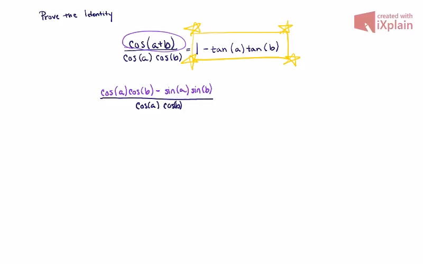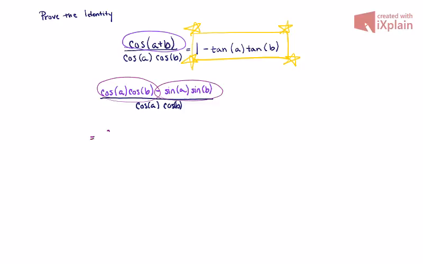I'm going to try to get a little bit more creative here, and I'm going to say, well, this is kind of in a shorthand. It looks like this term on the left of the subtraction sign and this term on the right of the subtraction sign, they both have the same denominator. It's cosine of a times cosine of b. So I'm going to break this apart or get rid of the shorthand.